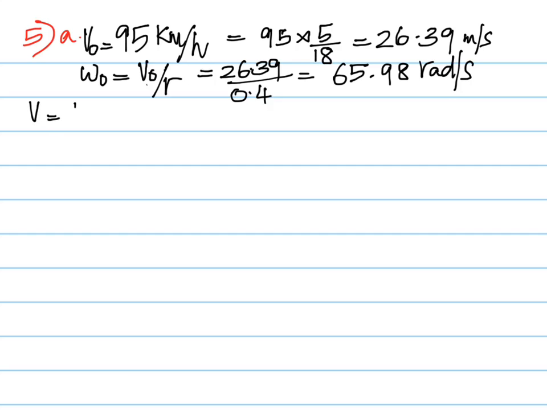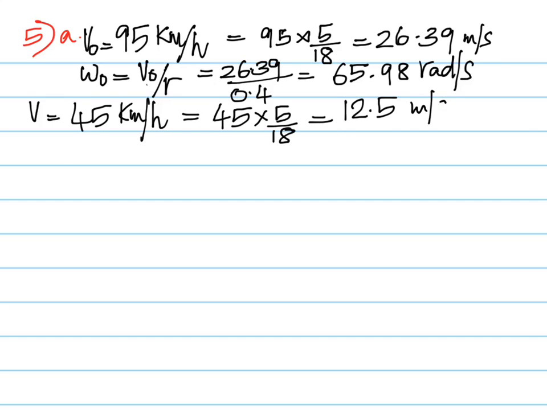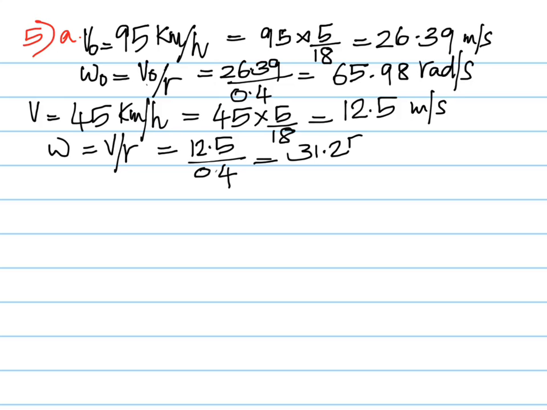Do the same with the final velocity, which is 45. Change it into meters per second. Again, use velocity divided by radius. Gives 31.25 radians per second.